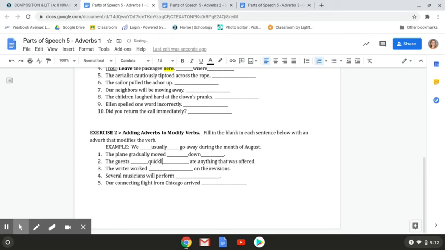How about the guests quickly ate anything that was offered? Okay, 3, 4, and 5 you need to do on your own. So go ahead and pause the video, do all of these exercises. If you didn't pause it after exercise 1, get done with this adverb 1 worksheet and then get it submitted. Okay, then we're going to move on to adverbs 2.